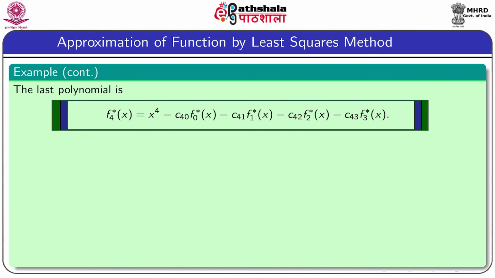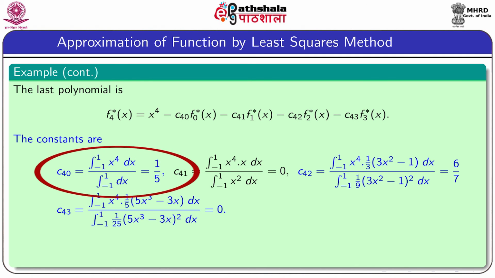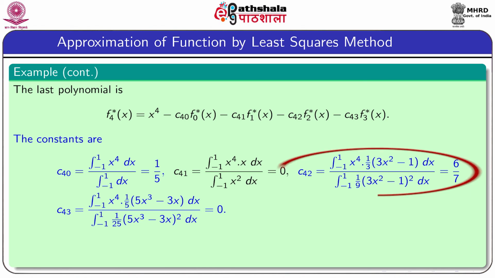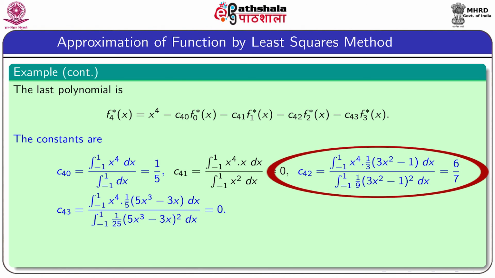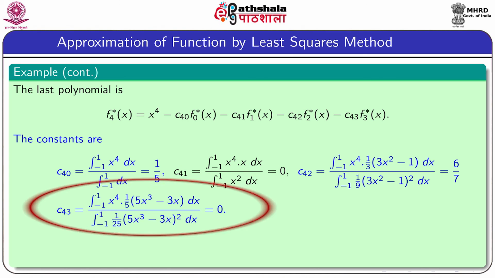Now, the fifth or last polynomial is f4*(x) equal to x to the power 4 minus c40 f0*(x) minus c41 f1*(x) minus c42 f2*(x) minus c43 f3*(x), where c40 is equal to 1 by 5, c41 is 0, c42 is 6 by 7, and c43 is equal to 0.